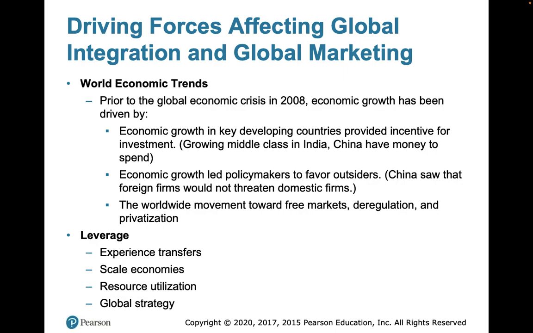Economic growth is very important in developing countries because it provides incentive for investment, in countries like India and China, let's say the BRICS countries. Then economic growth led policymakers to favor outsiders. This is another force that affects the global market.